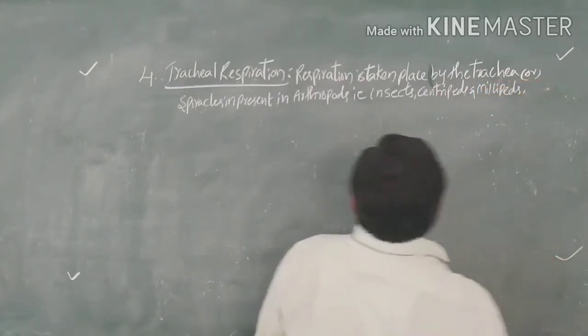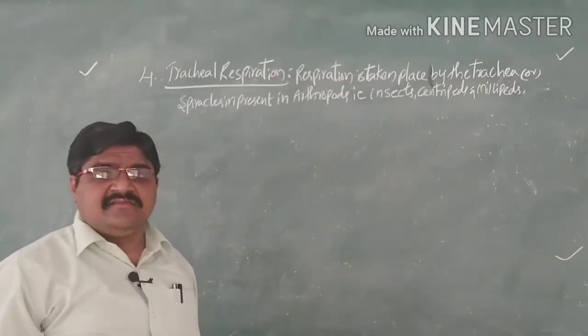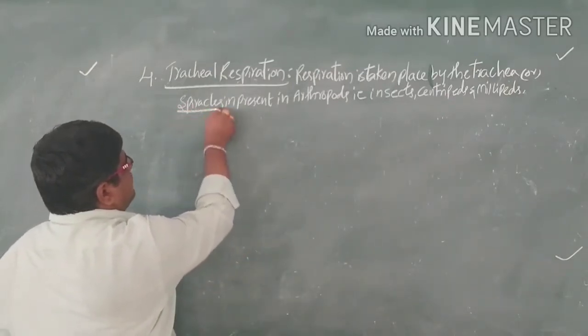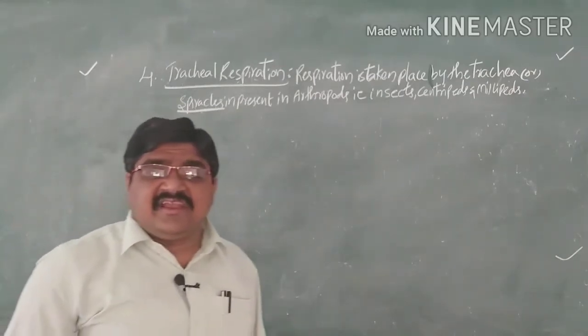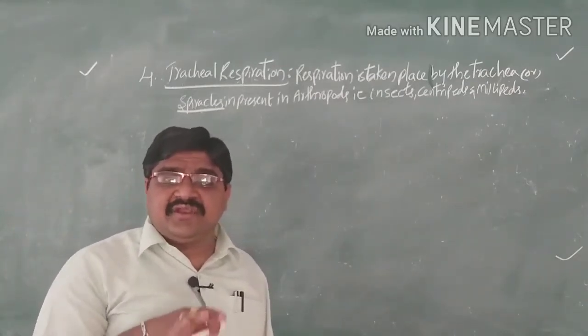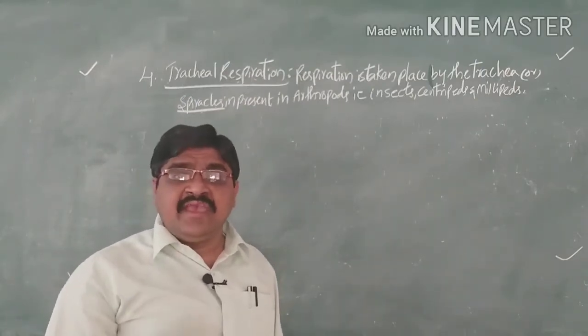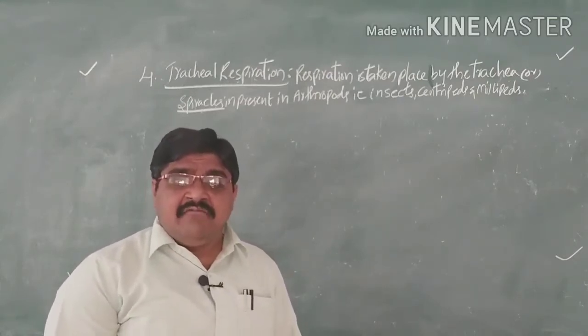So here exterior openings are present. Those exterior openings which are present in the insects, we call spiracles. These are external openings which enter into the internal body, where exchange of gases takes place through the spiracles. So respiration takes place with the help of trachea.